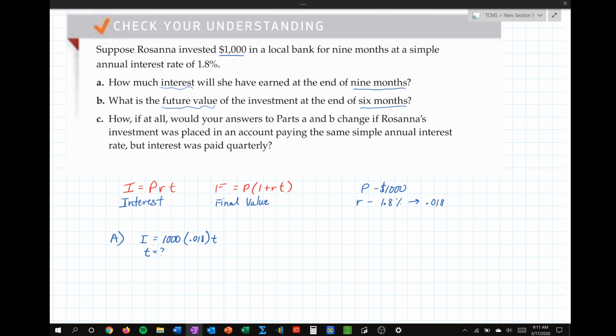Since it's only 9 months, we're looking at 9 months out of 12, which reduces to 3/4. So we substitute 3/4 as our time and get 1,000 times 0.018 times 3/4.